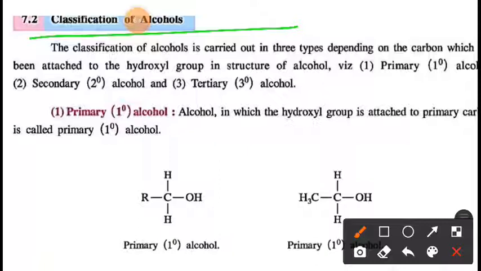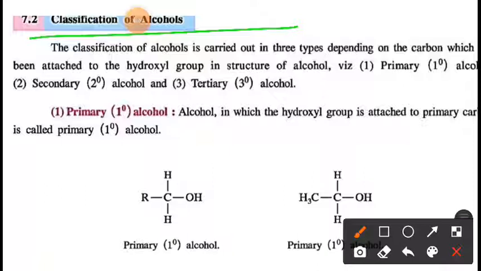The classification of alcohol is carried out into three types depending upon the carbon which has been attached to the hydroxyl group in the structure of alcohol. Alcohols are the compounds containing hydroxyl group, that is OH group, attached to the alkyl group.